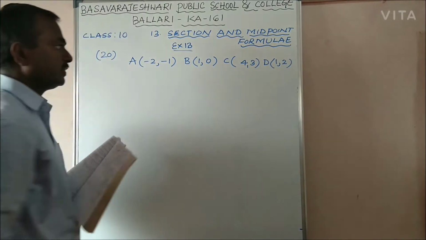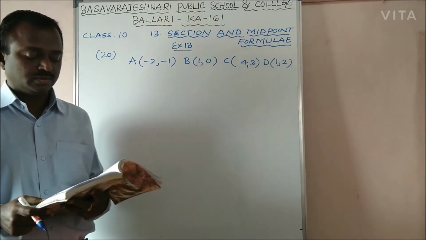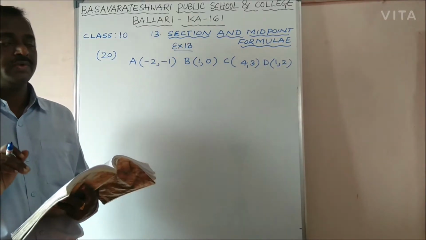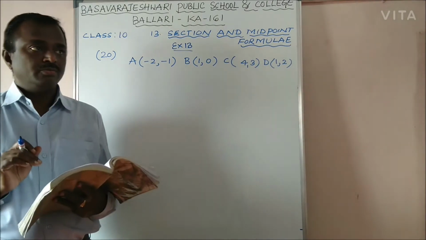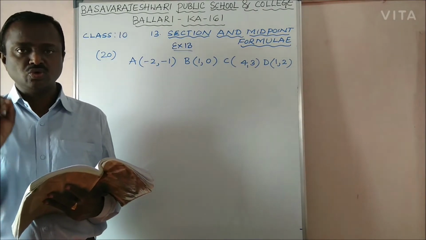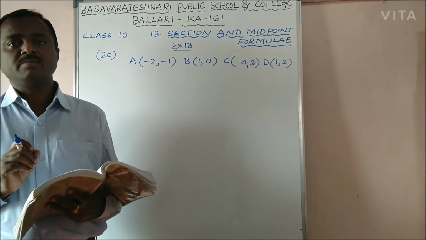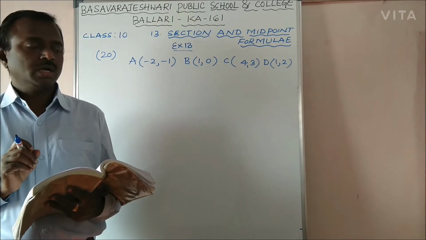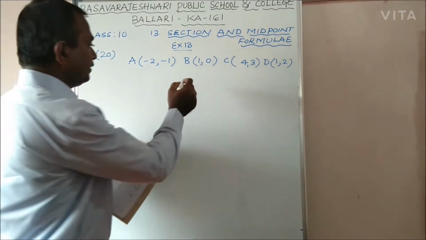These are the four vertices of the parallelogram that we have to prove. Before proving that they are the vertices of a parallelogram, we should know some characteristics of a parallelogram. What are the characteristics of a parallelogram?